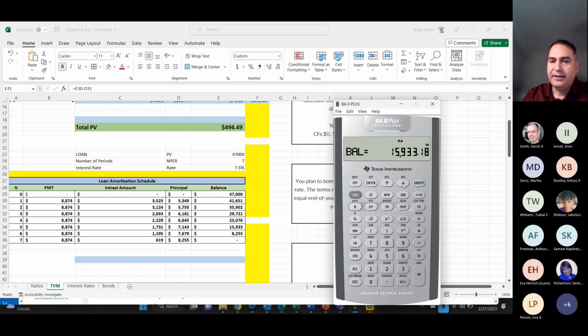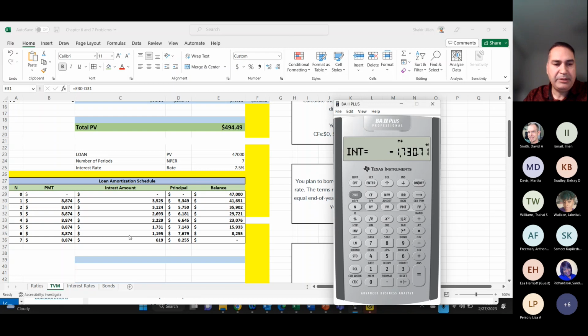Enter and scroll down. Now my balance in year 5 would be 15,933. So you go there, 15,933, right? Scroll down. The principal payment in that year would be 7,142.9. Okay, 43 in other words. So fifth year, the principal payment is 7,143, which is the same number.